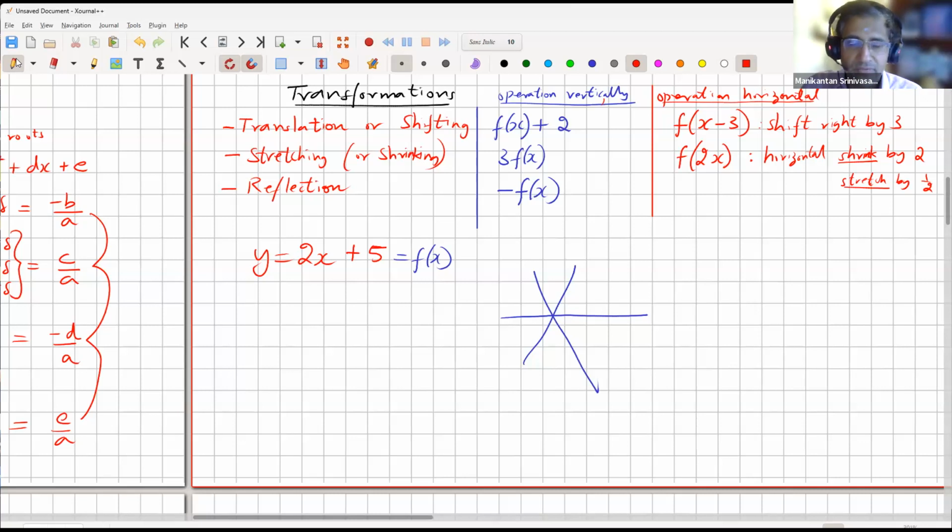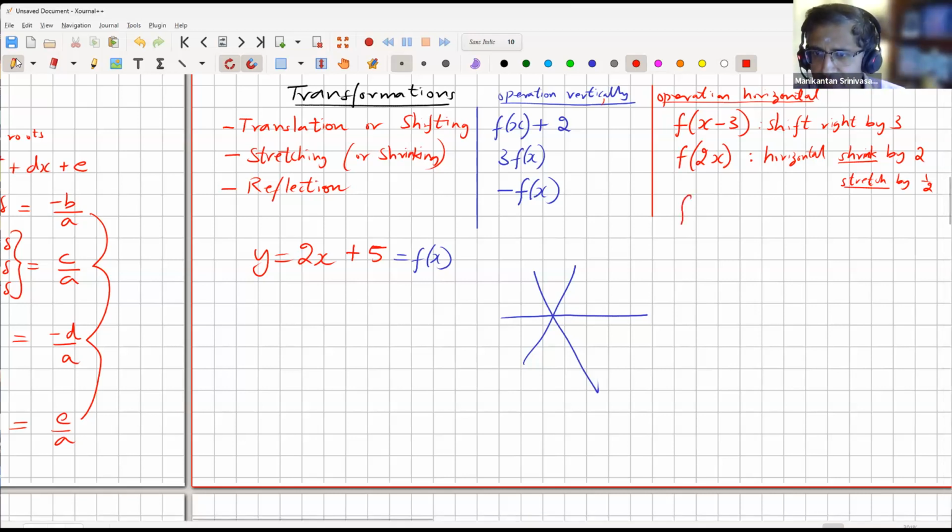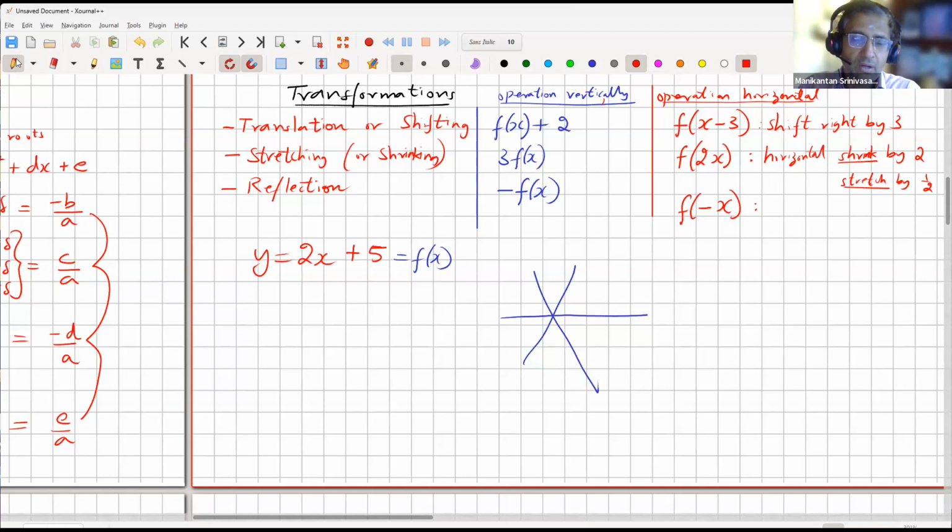Okay, we'll understand all of this when I share the GeoGebra. We can do it there. F of 2x, contrary to what your intuition might say, is not a stretching, but shrinking by a factor of 2. And the last one is fairly easy. That's intuitive. It's f of minus x. F of minus x is just reflecting horizontally, meaning whatever is on the right has come to the left.